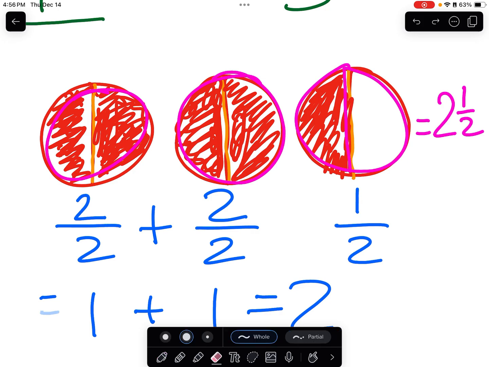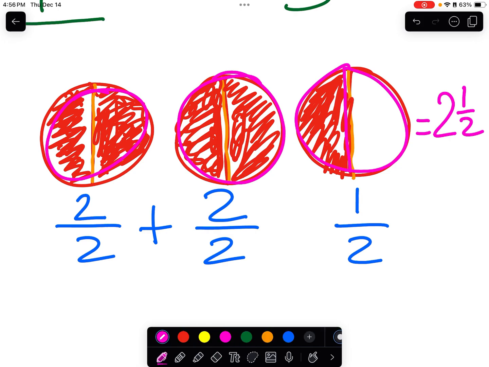One way to think about this, and no one way is right or wrong, is to count it. If every pizza is divided into halves, then we're dealing with the denominator of halves. Let's look at how many halves I've had in all.